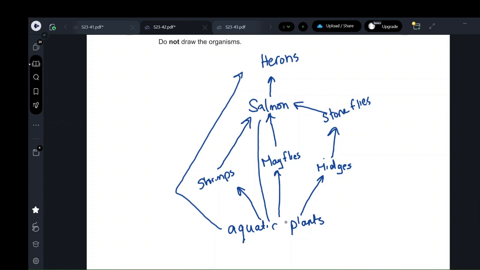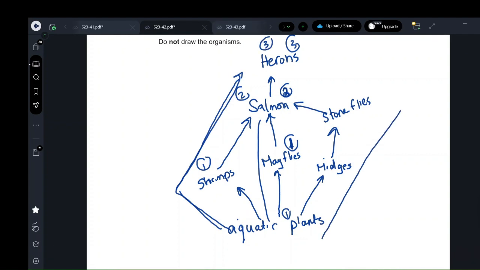If I followed the food chain in the middle, this will be 1, this will be 2, 3. This is a primary consumer, secondary consumer, third consumer. But if I followed this food chain, it is still a tertiary consumer. Here is the producer, primary consumer, secondary consumer, third consumer.